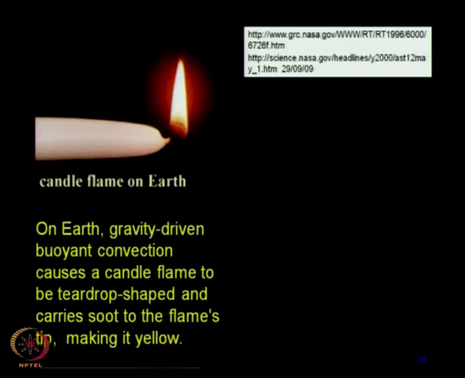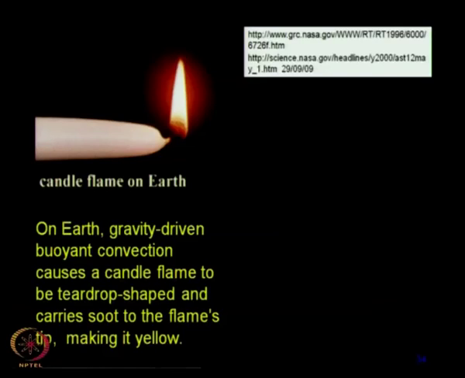The whole combustion process, the chemistry of combustion, the thermodynamics, is a fairly involved process, and I am certainly not going to discuss all aspects of this, but just this one little aspect: this is the general shape of the flame, and it is yellow, and the reason it is yellow is because these convective currents carry the soot to the top, and convective currents obviously take place against gravity.